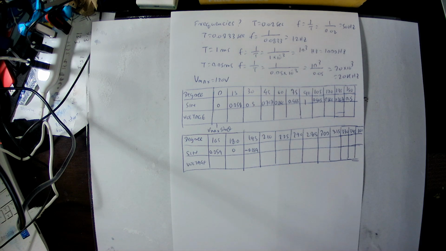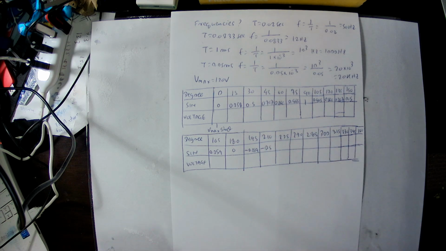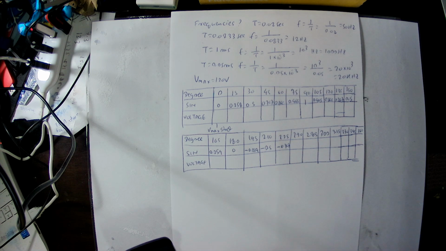Sine 195 is minus 0.259. Sine 210 is minus 0.5. Sine 225 is minus 0.707.